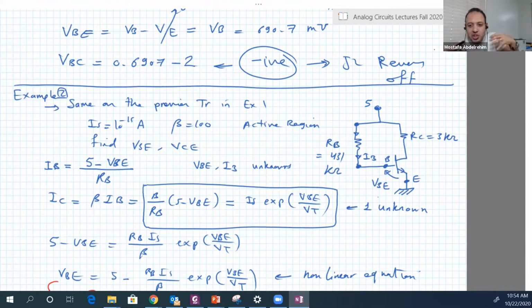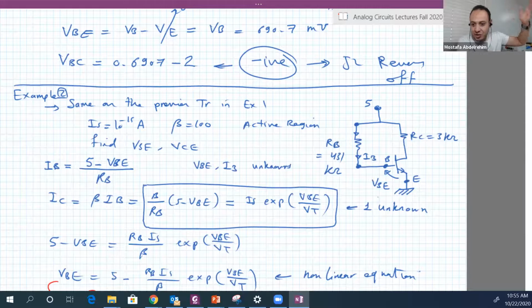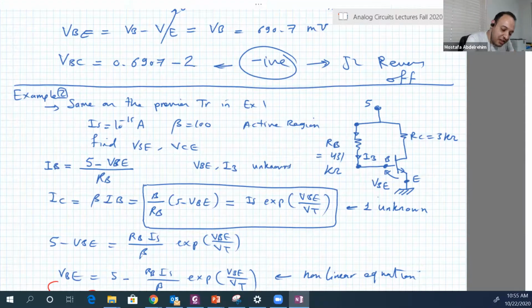So we replaced this accurate model with some approximations, which were the constant voltage model, 0.7, and also the ideal model, in which you don't have any voltage drop on the diode. Same will be here. Although it's still not that simple like the ideal model or the constant voltage model of the diode.